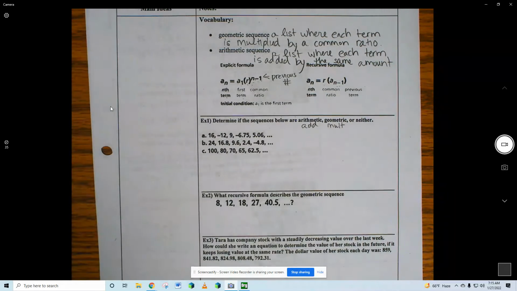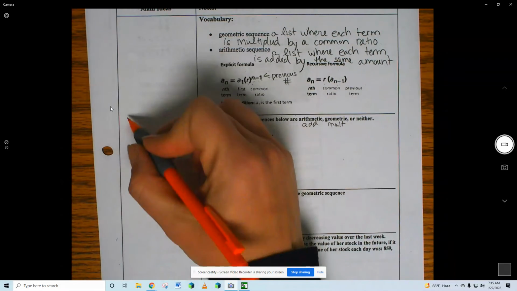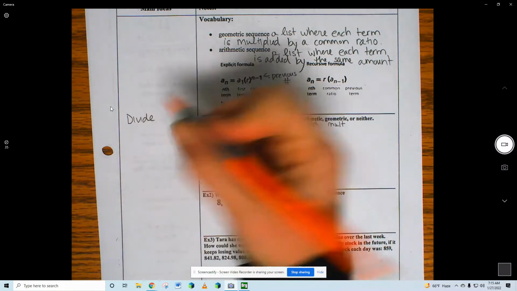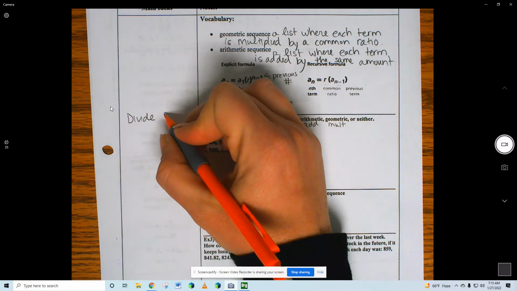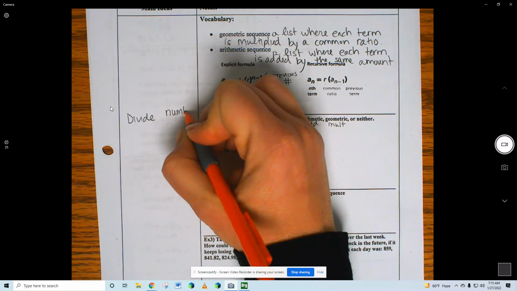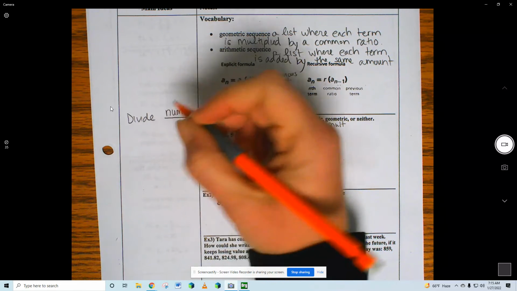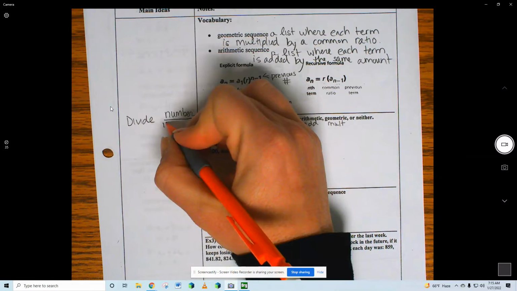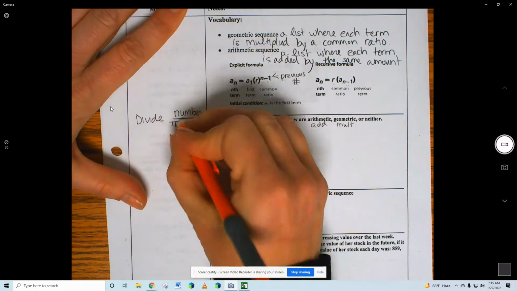Here's how we got that. You take a number divided by the number before it. Previous term is a better way to say it.